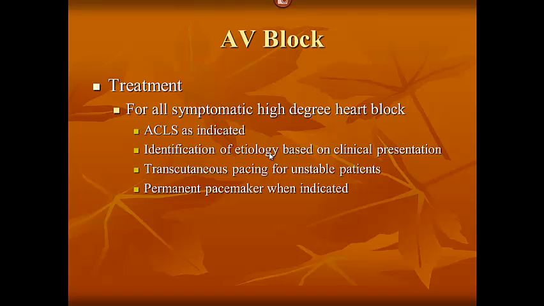All the symptomatic patients from second degree to complete heart block, which is third degree, you have to run the ACLS protocol, and meanwhile put on a transcutaneous pacer, and a permanent pacemaker has to be coordinated.